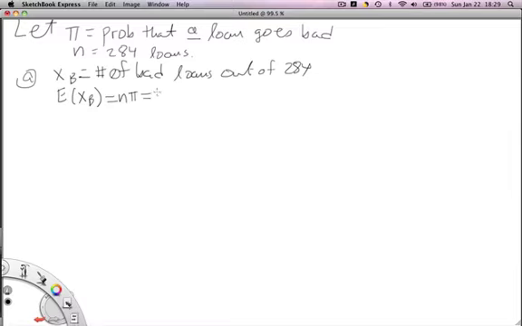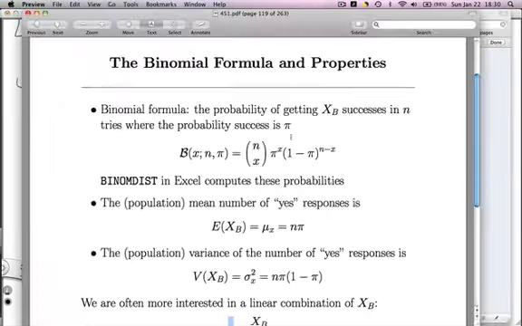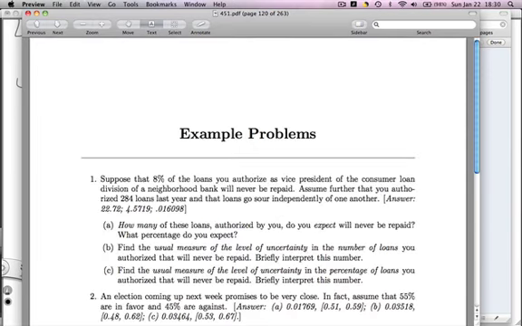In this problem, n is 284 and pi is 0.08. If you do the math, you get 22.72. For the sake of this discussion, I'm going to say that this is approximately 23. Ordinarily, I don't like to round that much, but I want to interpret this in a minute. Anyway, let's go back to the course packet and check out the next part.